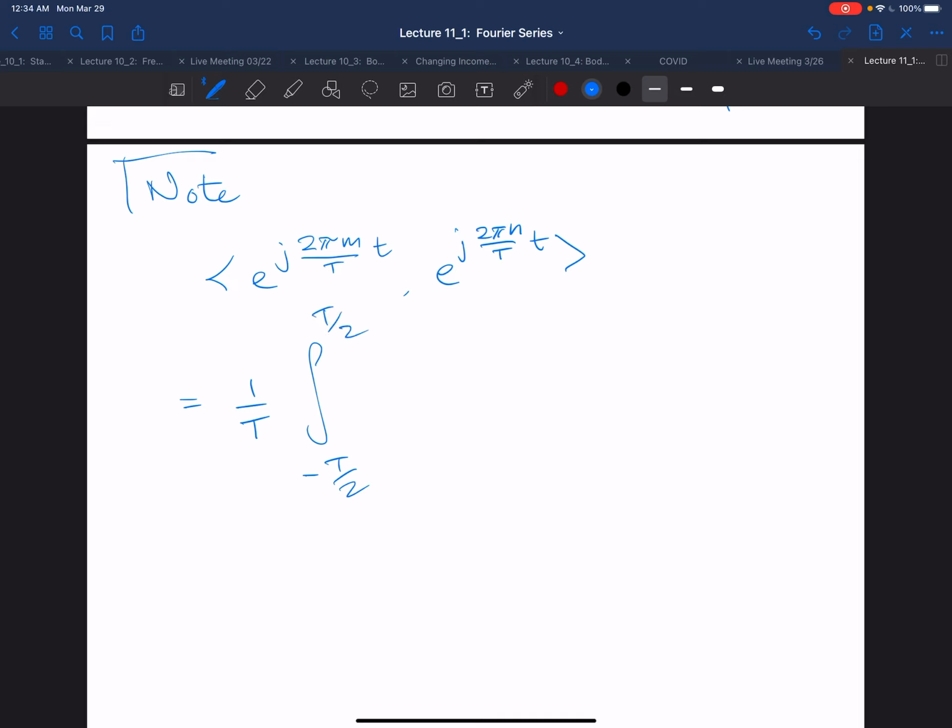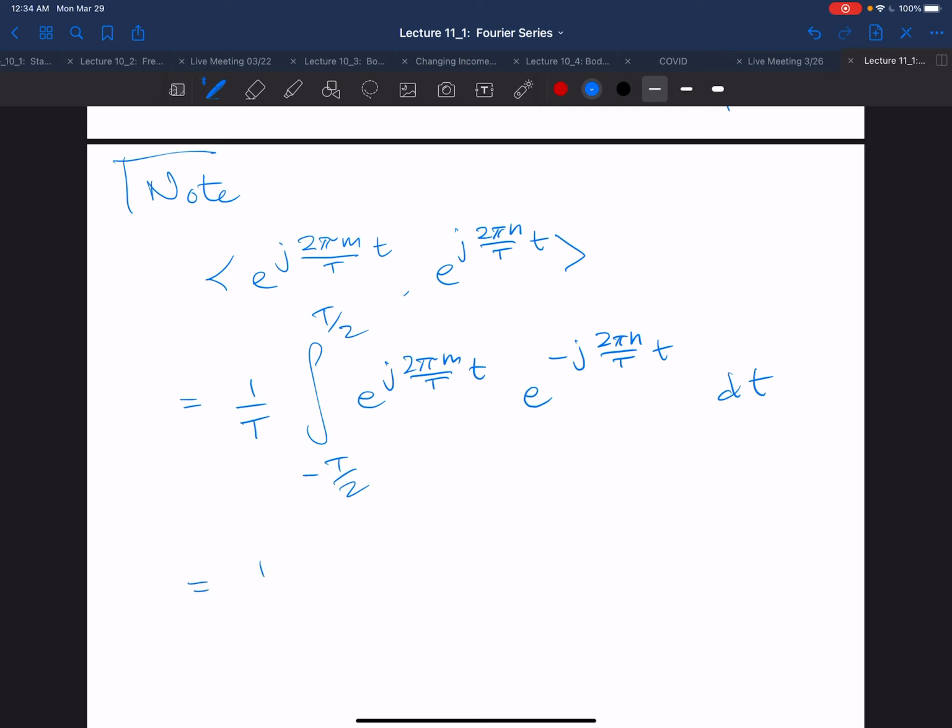of the first function times the complex conjugate of the second, so that'll be e to the minus j 2 pi n over capital T t dt.